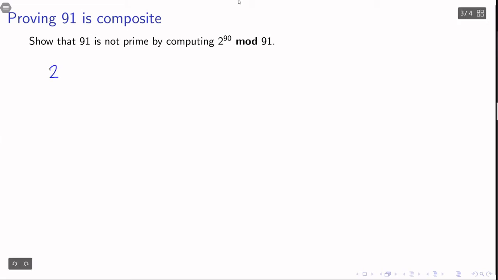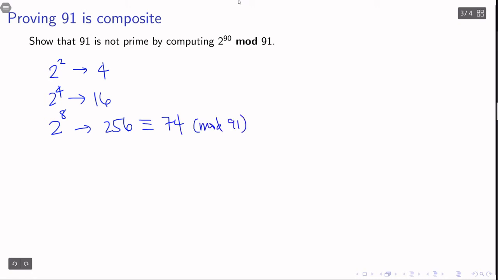2 squared is 4. Let's keep squaring. 2 to the 4th power is 16. 2 raised to the 8th power, which is that squared, is 256. And this is now congruent to 74 modulo 91.